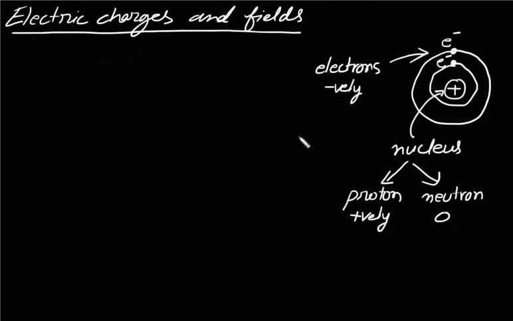Okay. Now, how did these come into being? Okay, so there were experiments done by scientists. The experiments were like they took a glass rod, okay, and a silk cloth.